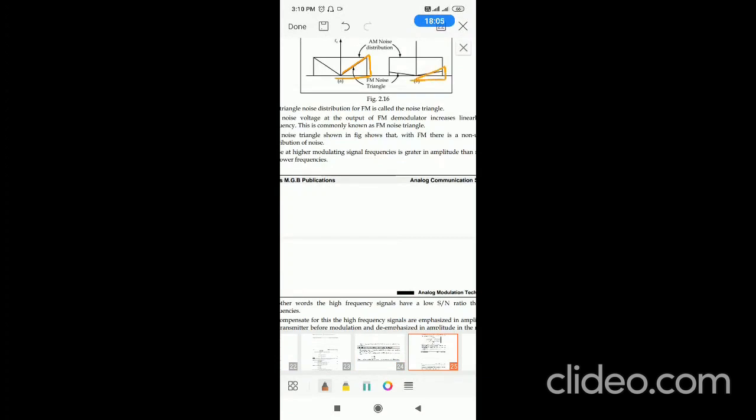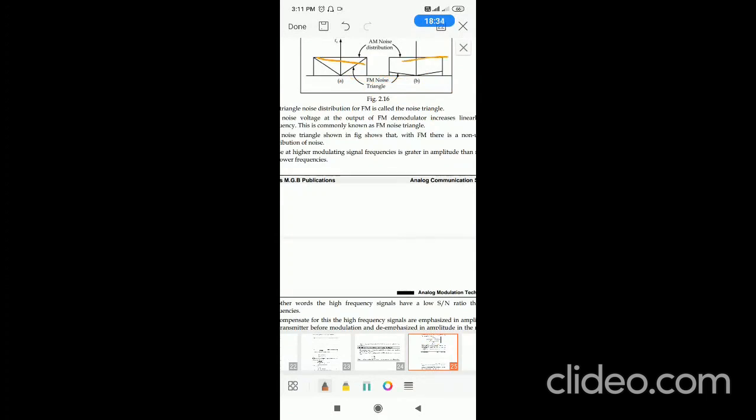Hence in FM, the effect of noise varies with frequency, because on the x-axis what is there? Frequency. At low frequency the noise effect is less, whereas at high frequency the noise effect is more, right? And when you increase the modulation index, the noise effect can also be reduced, whereas in the case of AM the noise effect is constant.